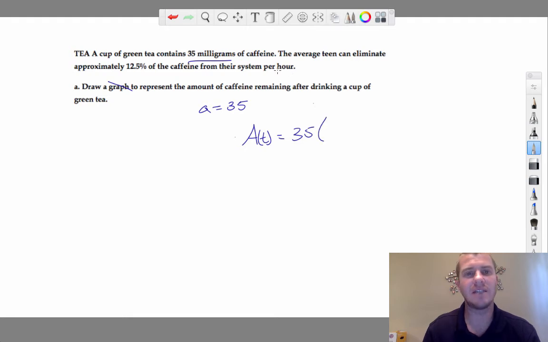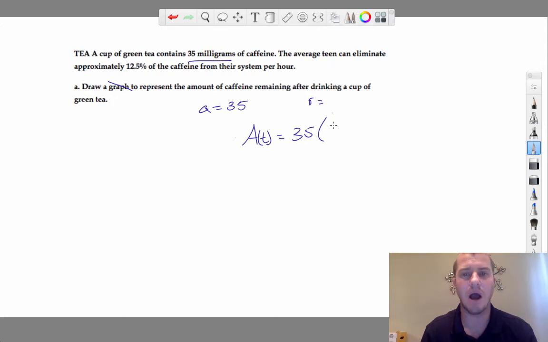And in this case, you're eliminating 12.5% of the caffeine. So what you have to understand is that because it's eliminating, you're not growing the caffeine. And this is the important part of this problem, which is why I wanted to go over it: it's a decay problem.